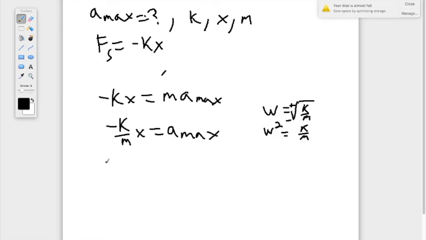So this is basically negative w squared. And obviously, x would have to be a in this case, the amplitude, because you'd have to have the maximum distance to get the maximum force, because this is a direct relationship. As the position increases, the force increases. So just to keep that in mind. So a max equals w squared a.